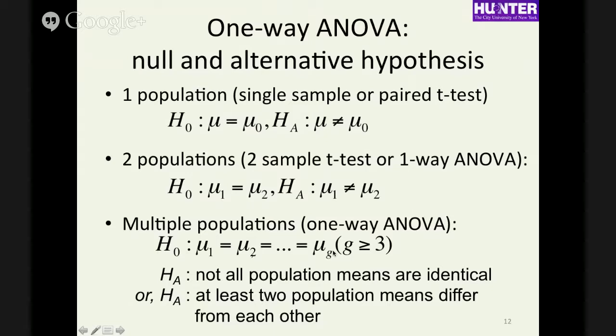So recall, let's compare these hypothesis tests. We started with one population and we just compared a null hypothesis that our mean of interest was equal to a theoretical specified value, so some fixed value of the mean that we either knew a priori for the population or was some number of interest based on a regulation, something like that.